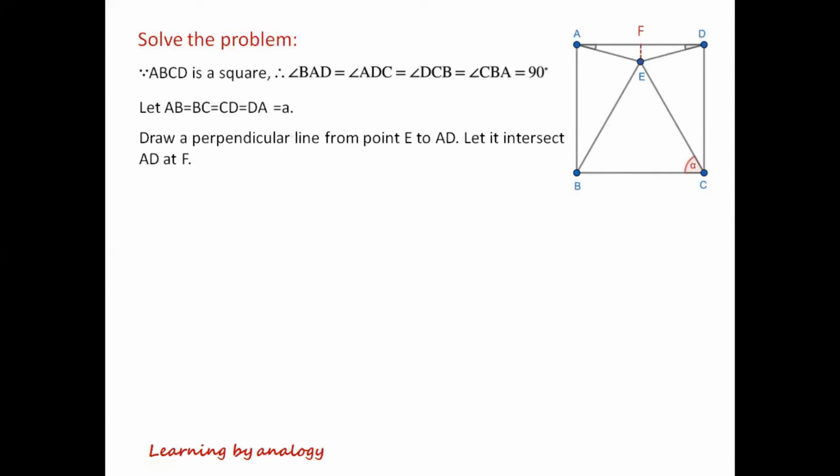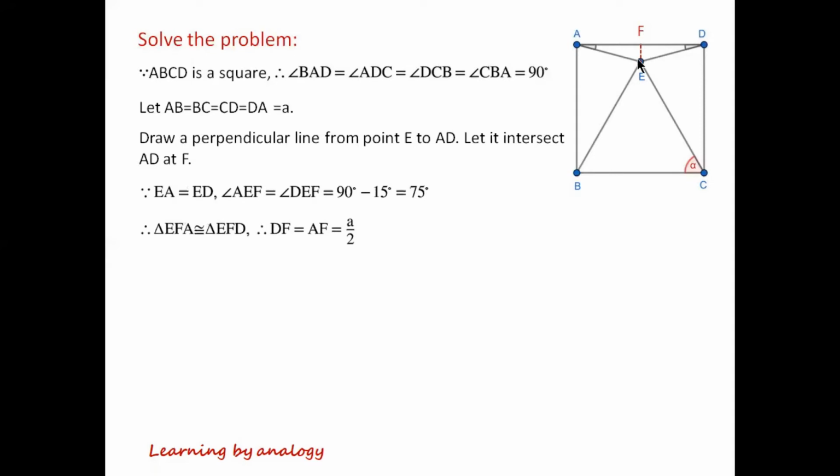Draw a perpendicular line from point E to AD. Let it intersect AD at F. Because EA equals ED, angle AEF equals angle DEF equals 90 degrees minus 15 degrees equals 75 degrees.